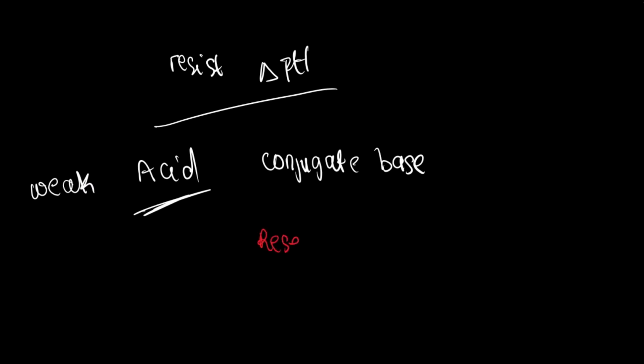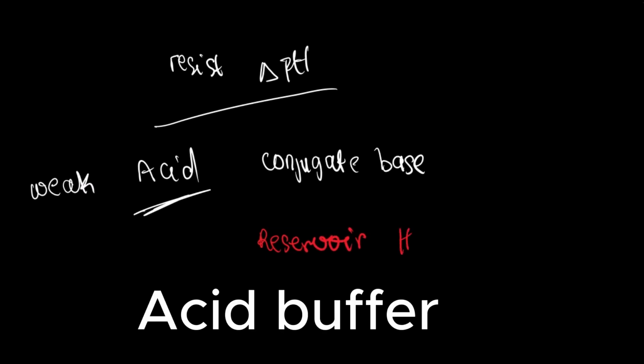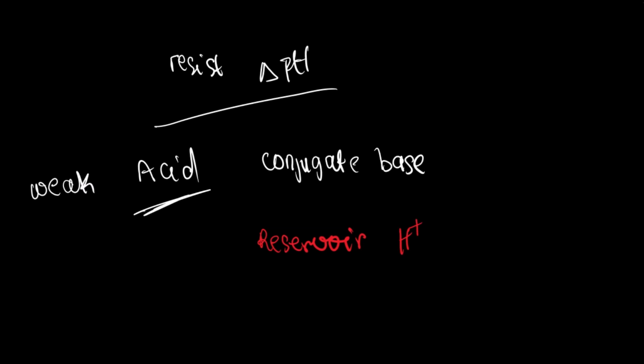Now, a buffer system acts as a reservoir of hydrogen ions. Okay, being a reservoir of hydrogen ions, it means that when the hydrogen ion concentration drops, this reservoir releases hydrogen ions in order to stabilize the effect.